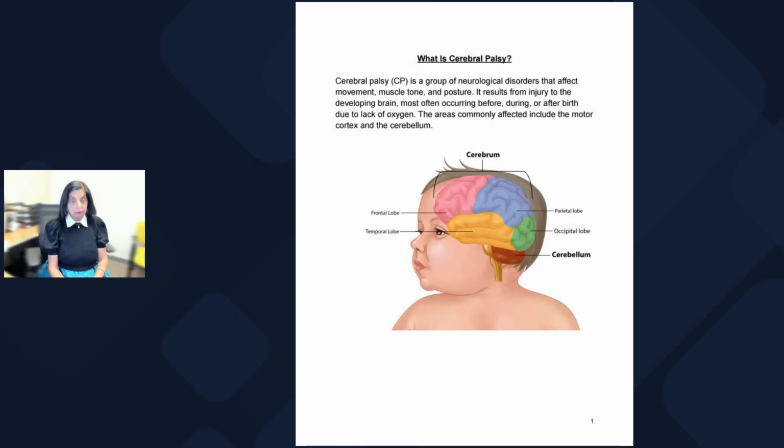So how do we identify it? Early identification of cerebral palsy is crucial because of the intervention while the baby's brain is developing. The cerebellum and the cerebral cortex have not yet developed fully. So what happens to the baby?